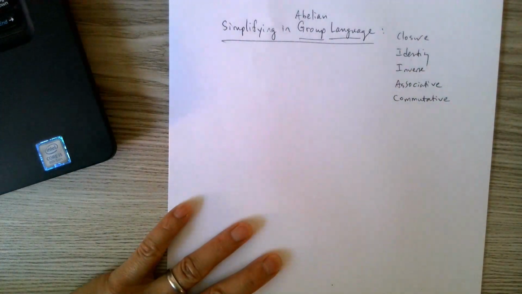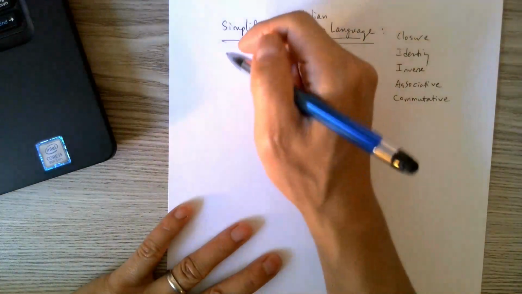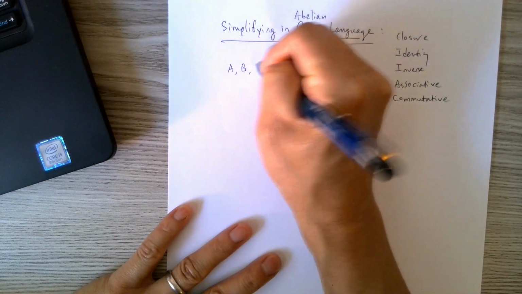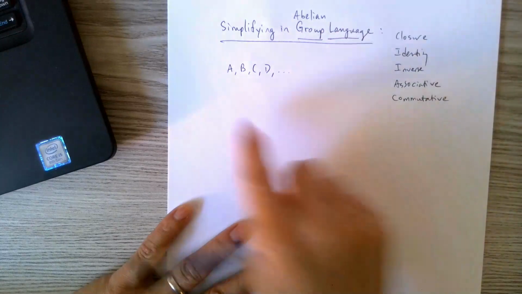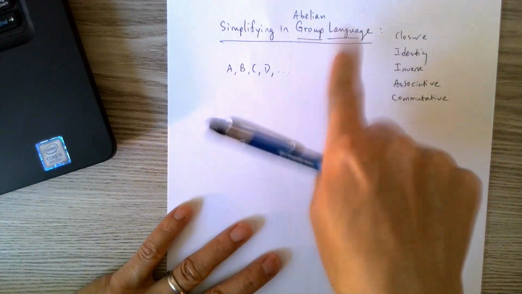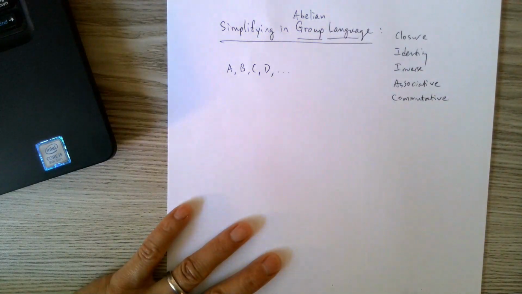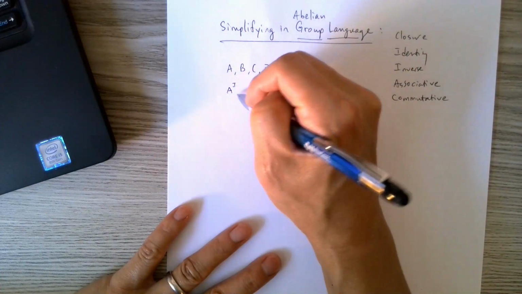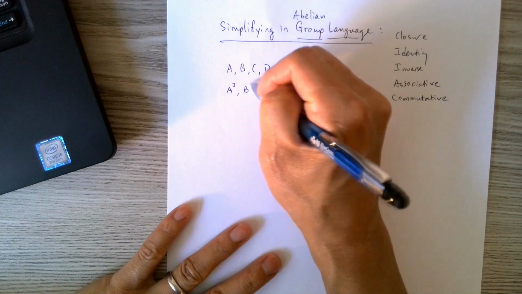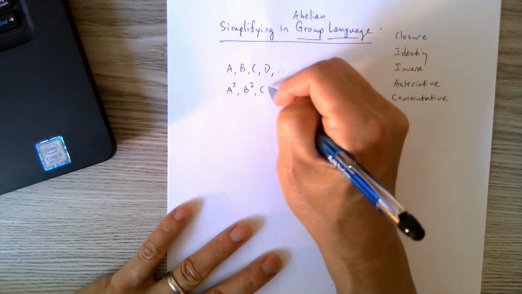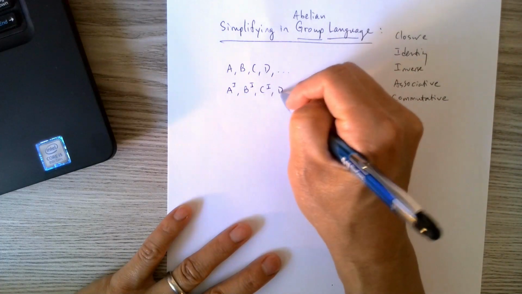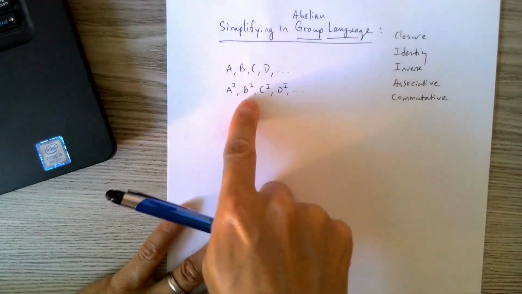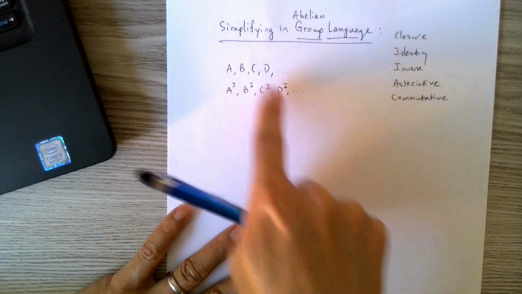So these are the elements you're going to see. You're going to see A, B, C, D, etc. Those are the elements I'm going to use in my group language system. And the inverses of these elements will look like this: inverse of A, inverse of B, inverse of C, inverse of D, and so on. That's how I'm going to write the inverse of an element.